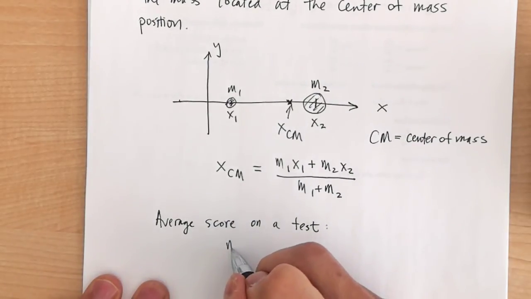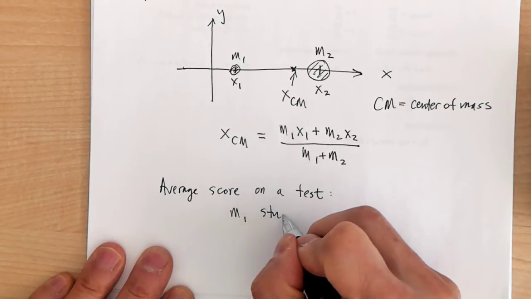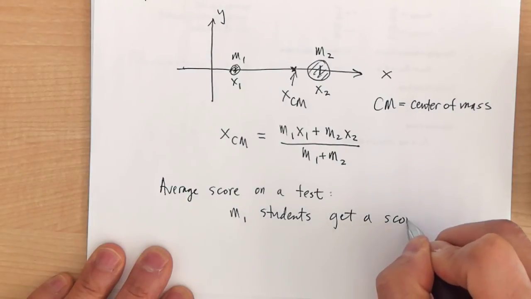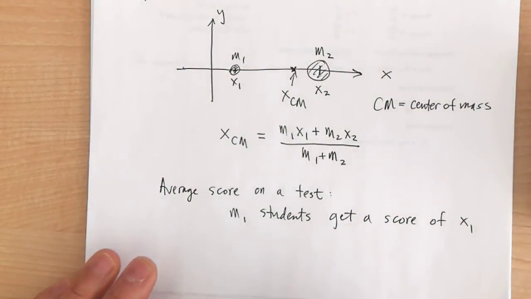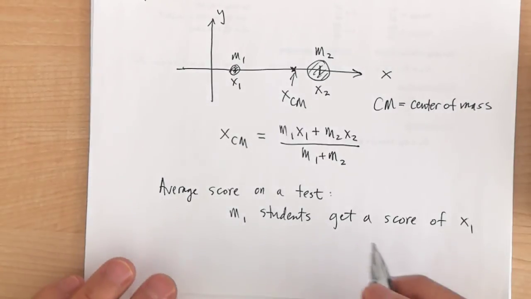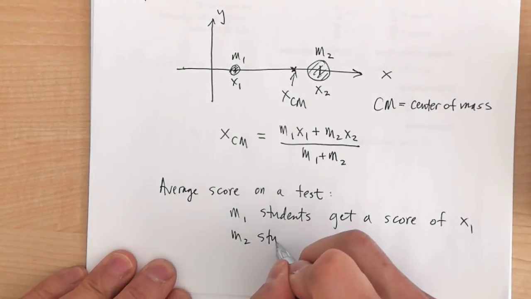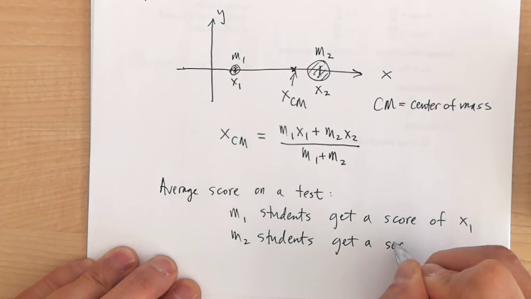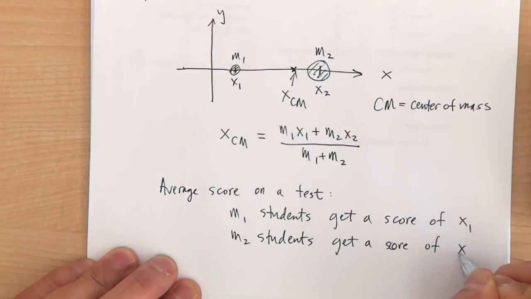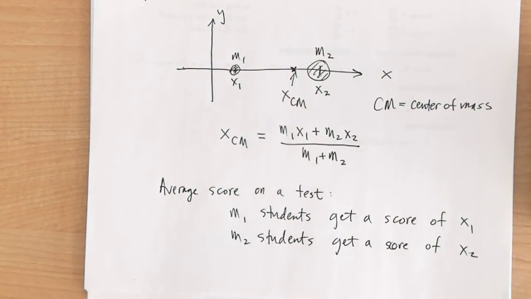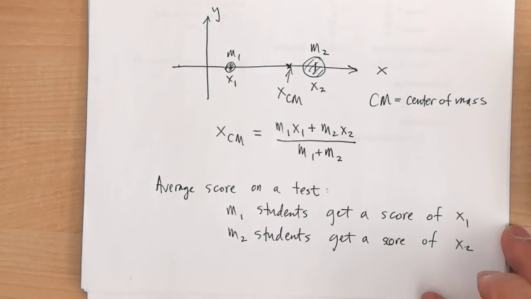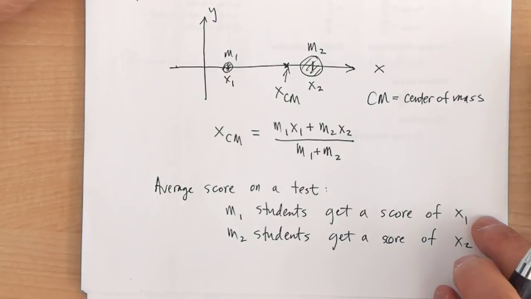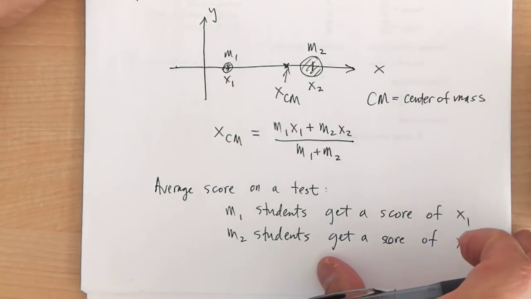Let's suppose that M1 students get a score of x1. Okay. And let's say M2 students get a score of x2. And let's say these are the only possible scores. You know, let's say it was a test with one question, true or false. You get it right, you get 100%. You get it wrong, you get 0%.